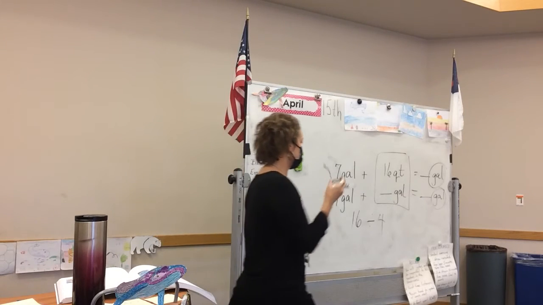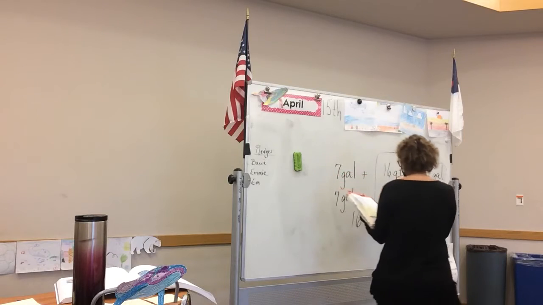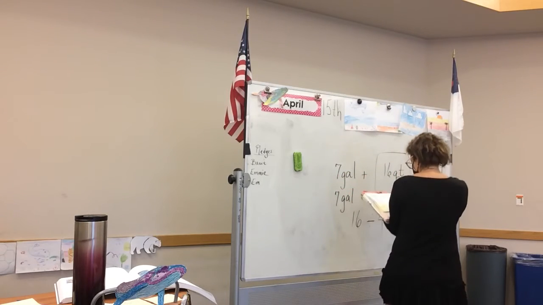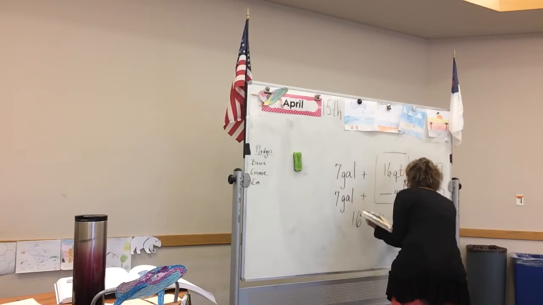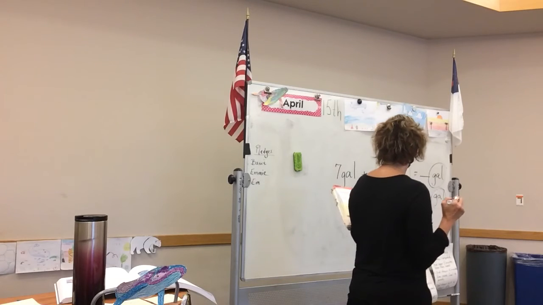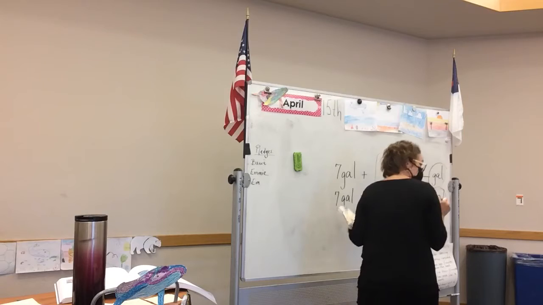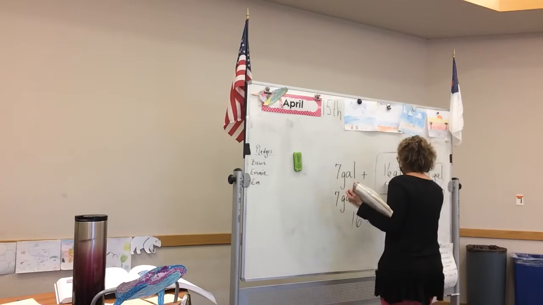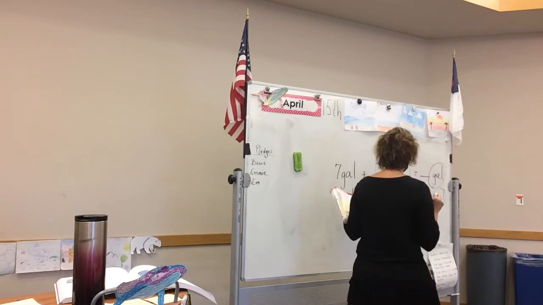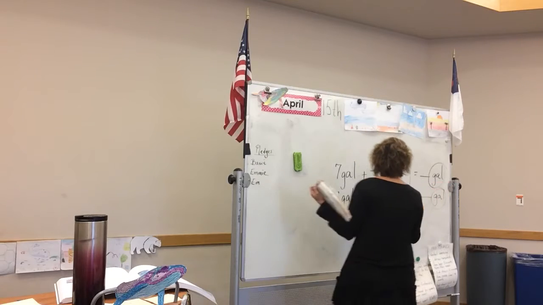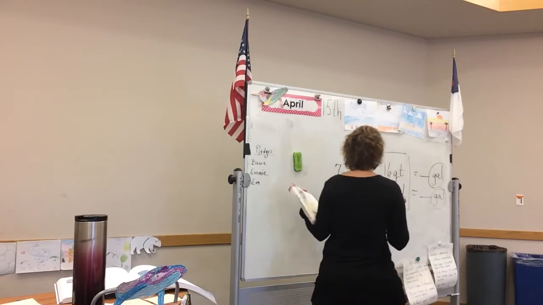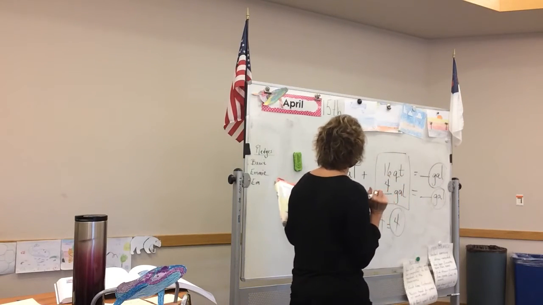It doesn't work, friends. What is 16 divided by 4? 4. Very good. What am I going to do with the 4? Put it on the gallon in the box. All right, so we have the box figured out. What do we need to do now?